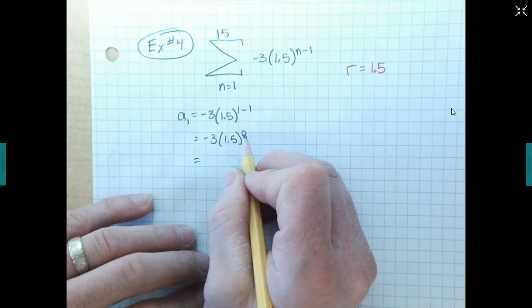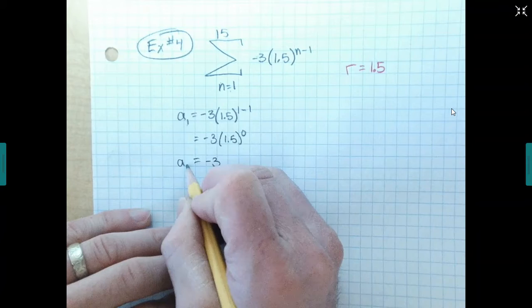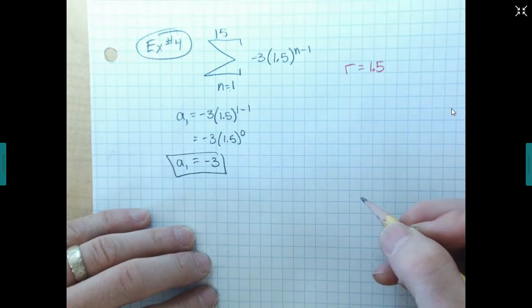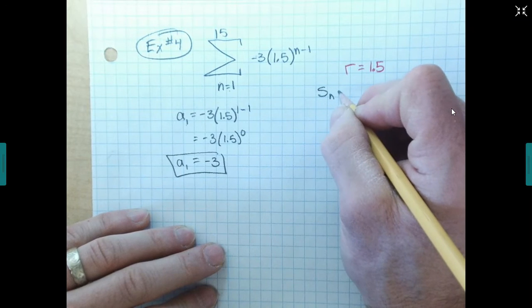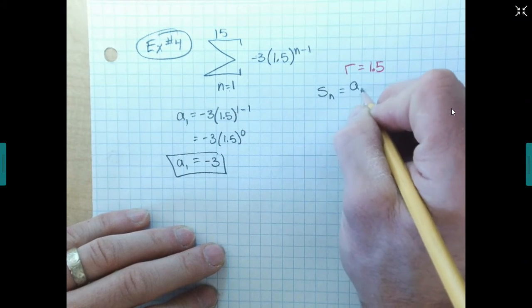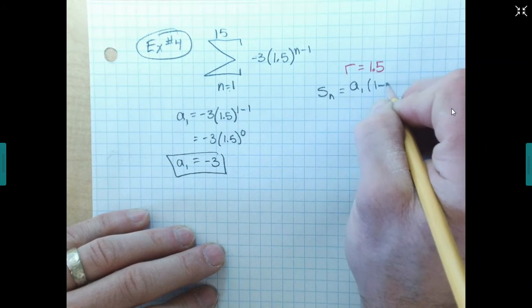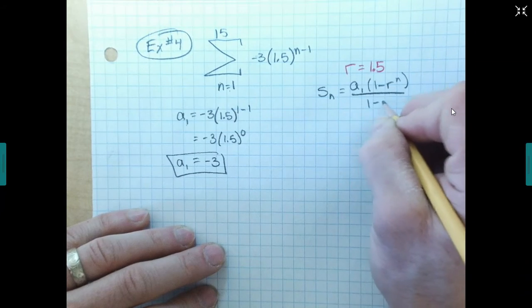We know anything to the 0 power is 1. So 1 times negative 3 is negative 3. So our first value is negative 3. Now we get to plug that into our geometric series formula, which is a1 times 1 minus r to the nth value over 1 minus r.